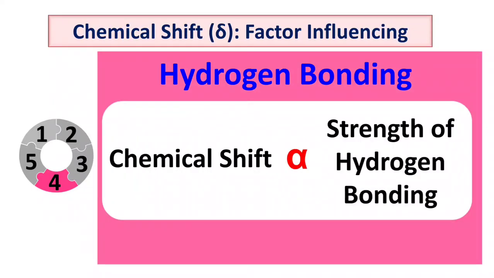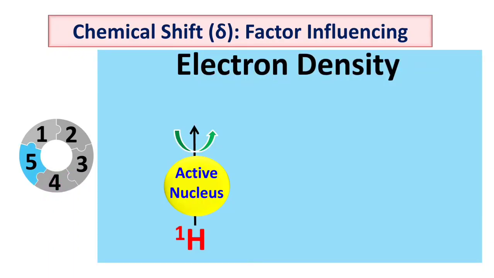So we can say that the chemical shift delta for a proton is directly proportional to the strength of hydrogen bonding. And the next and the last, we have the electron density.